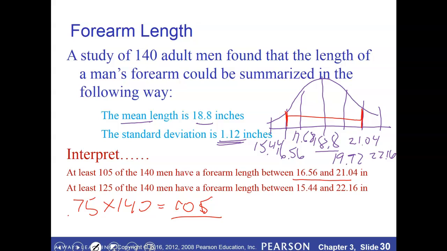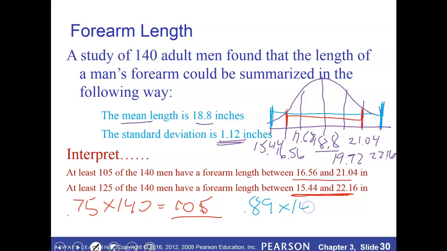If we apply that same thing to 3 standard deviations, now we're talking between 15.44, which is this distance, and 3 standard deviations above the mean, which is 22.16. According to Chebyshev's rule, that would be 89% of the data, which is 0.89.